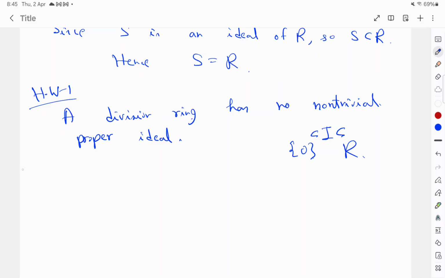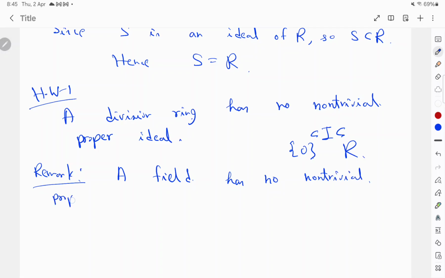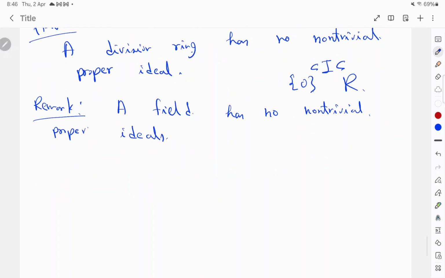So this is your corollary or remark that a field has no non-trivial proper ideal. Okay, this is the thing.